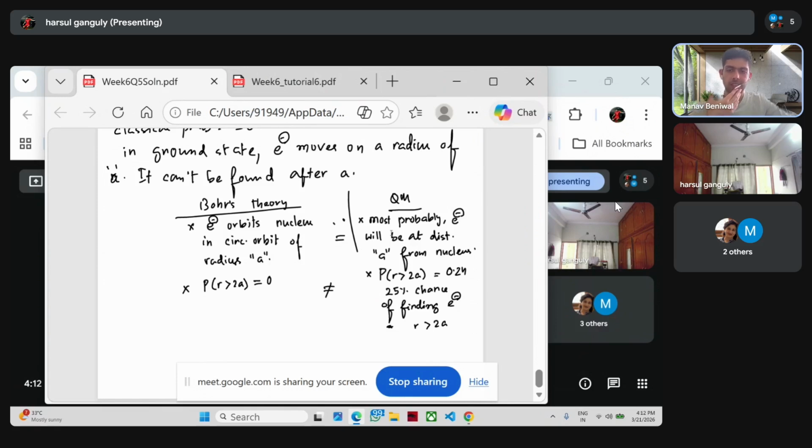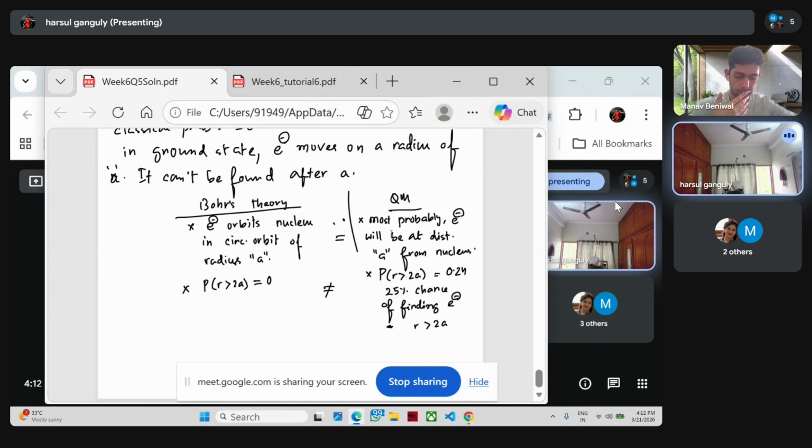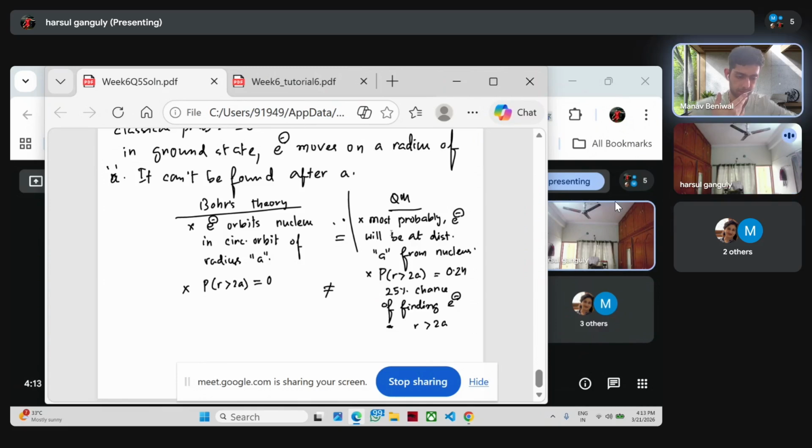So classically, what will be the classical model of a hydrogen atom? Classically, I think there are only certain distances, 0.529 times n squared by Z angstrom, where we find the electron. Correct.